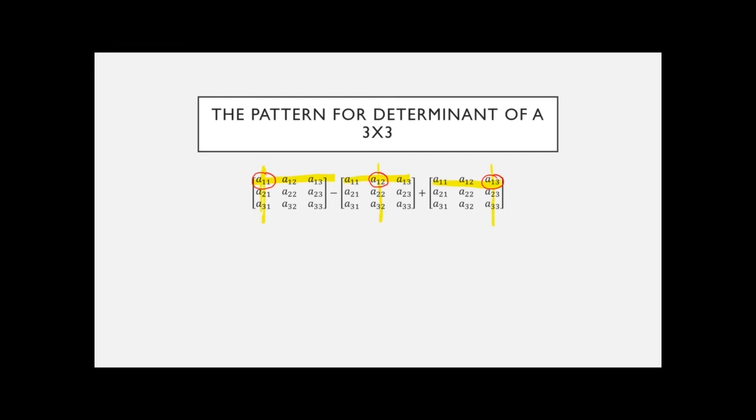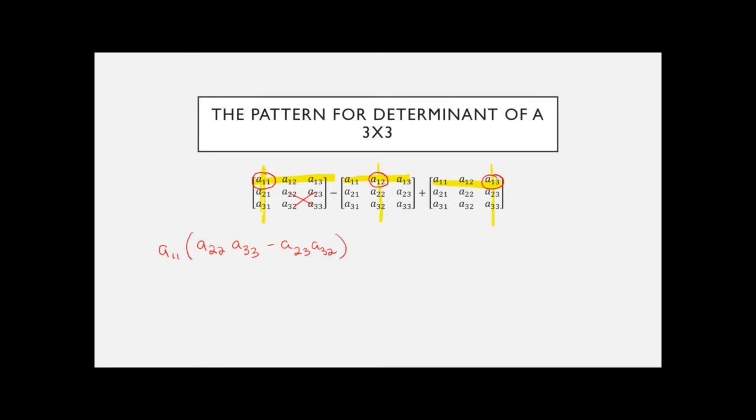That's how I visualize it. I take that cross-section, A11, and then I have my determinant in that area that I'm multiplying. So that would be A22 times A33 minus A23, A32.